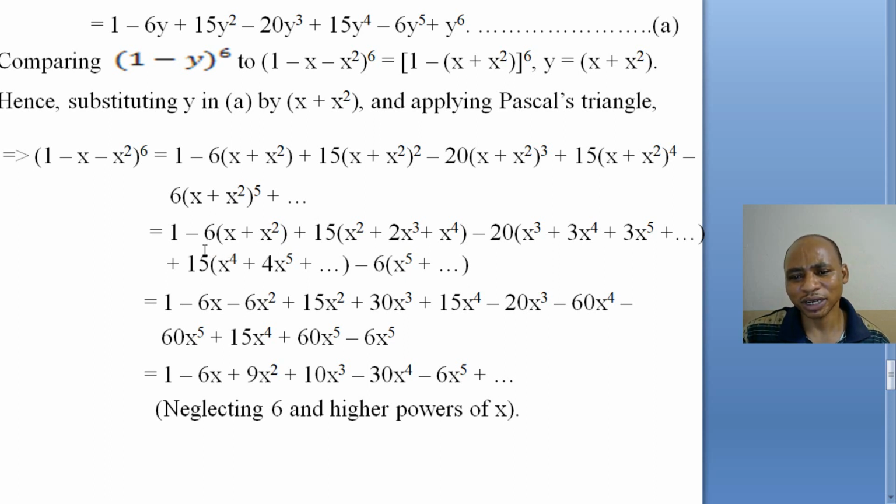Then applying the exponent law of indices and simplifying, of course, grouping like terms and adding correspondingly, you will end up getting the final answer being 1 minus 6x plus 9x squared plus 10x cubed minus 30x raised to the power 4 minus 6x raised to the power 5, and so on.